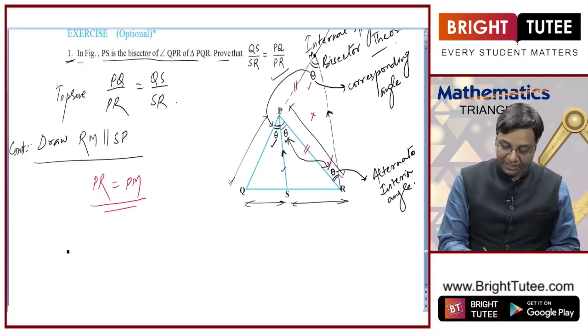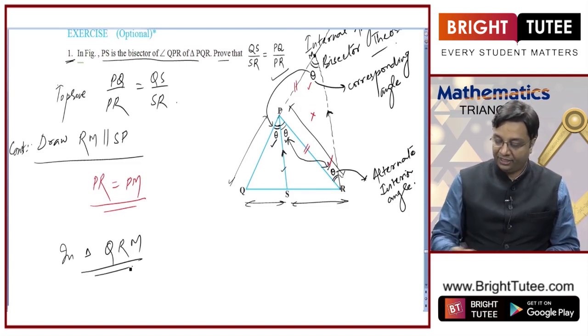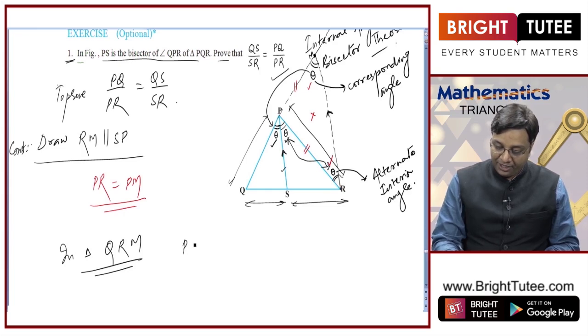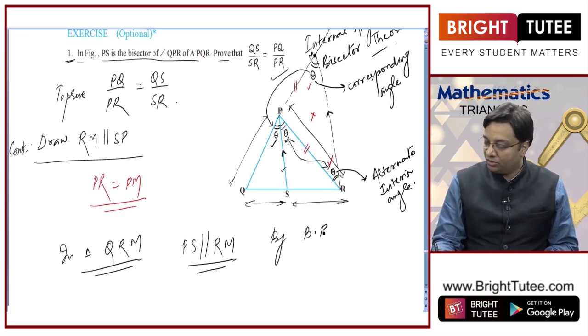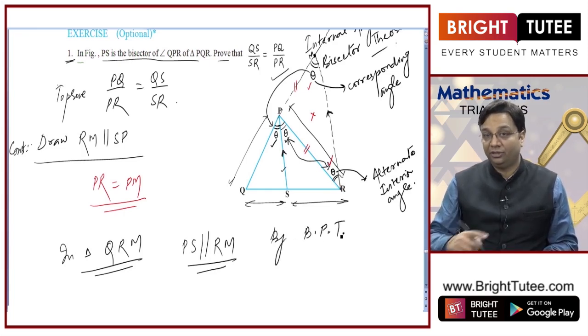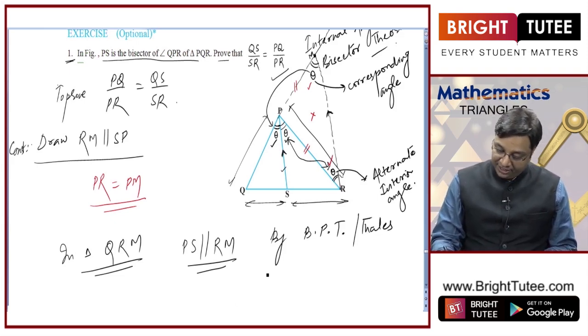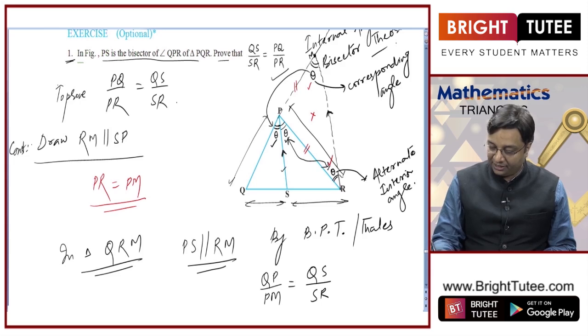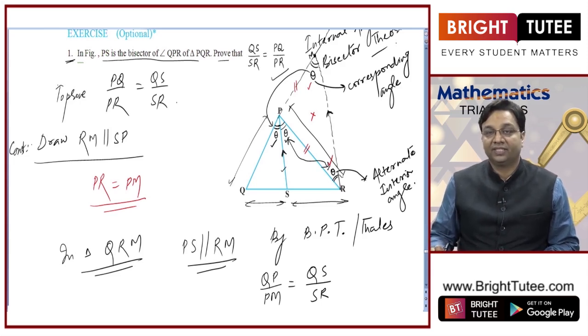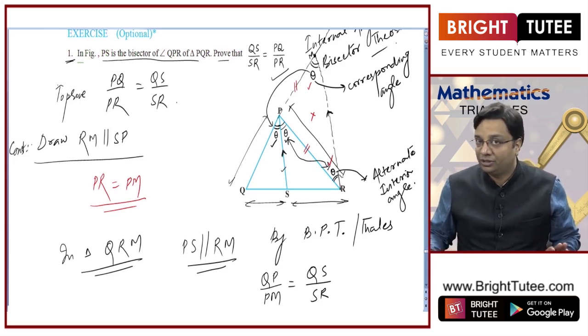Now see, in triangle QRM, PS is parallel to side RM. So by BPT, or basic proportionality theorem, or Thales theorem, what can you say? You can say that QP divided by PM is equal to QS divided by SR. This is the basic proportionality theorem.